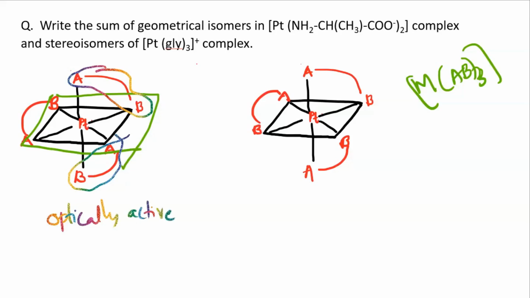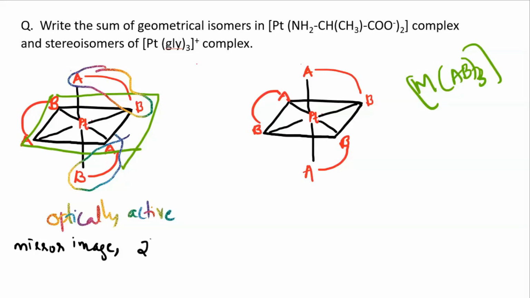Since it is optically active, we can tell that it will exist as enantiomers, right? So there will be a mirror image as well, a non-superimposable mirror image for this particular complex.